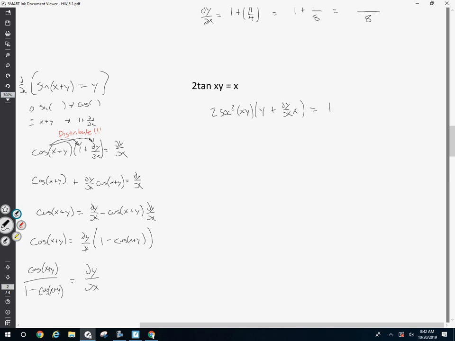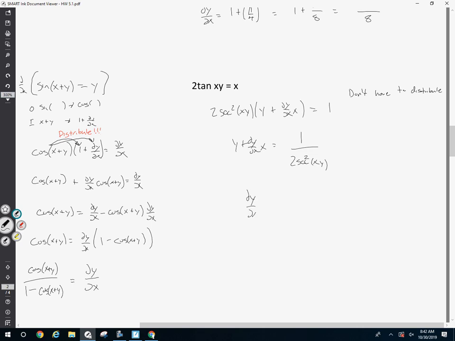I can not distribute. This is a good example because there is a 1 on the right side. I could just divide by the secant squared times 2. And then subtract the y and then divide by the x.